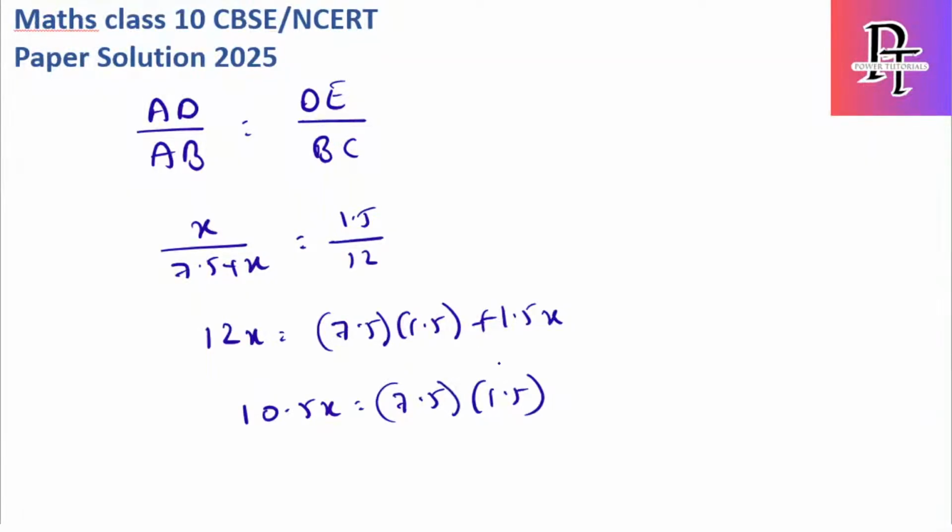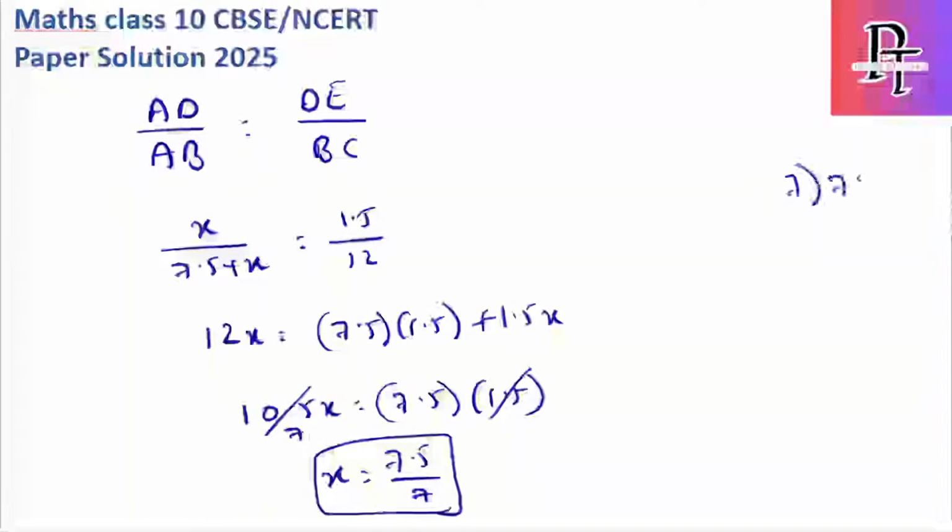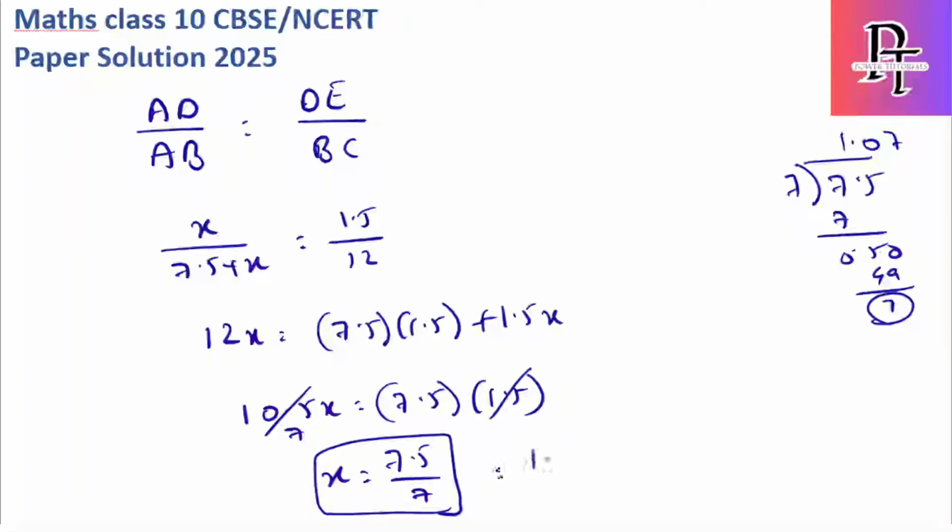So if I divide by 1.5, 1.5 ones are 1.5, 1.5 sevens are 10.5. So the x value I got is 7.5 by 7. If you stop here also, you'll get full marks, but still let's simplify it a little more. 7 ones are 7, 0, 5, 0.50, 7 sevens are 49. So this answer is 1.07 meters.